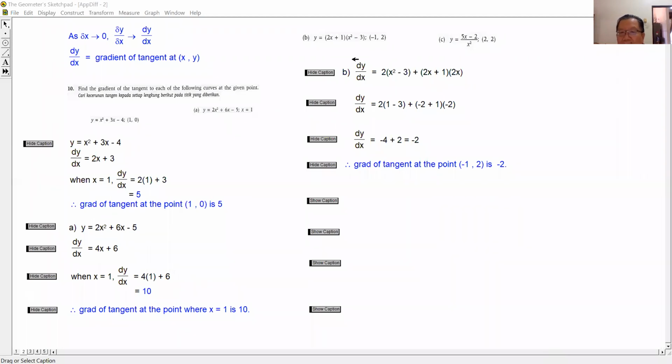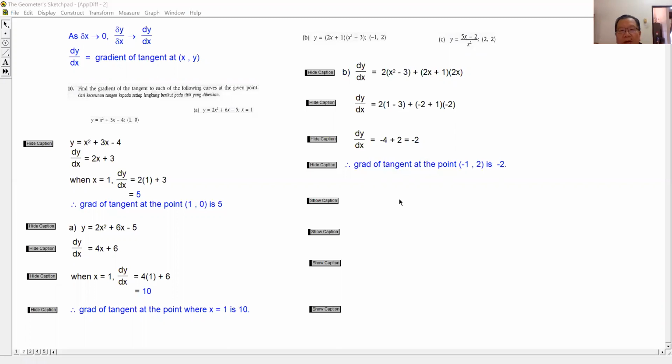Right. We look at question C. We have the numerator 5x minus 2. The denominator is x squared. The point is 2, 2.